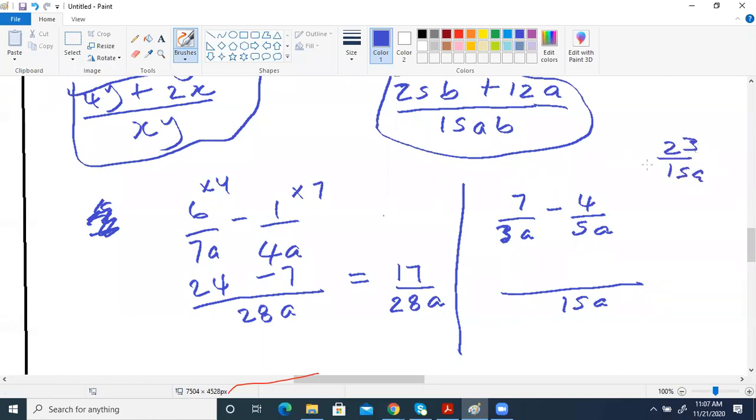Yes. All right, let us see if it comes to that. So 3a into this goes 5 times. 7 times 5 is 35, the last time I checked. 5a into that is 3. 4 times 3 is 12. So this now gives, yeah, that looks like 23 over 15a.